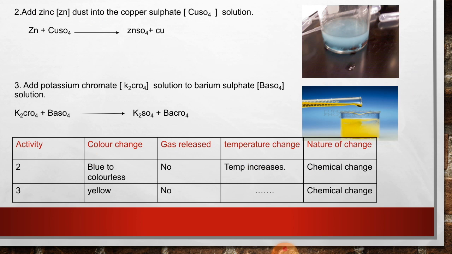When we add K2CrO4 into BaSO4, we get potassium sulfate and barium chromate. Here we get a yellow precipitate, no gas is released, and the temperature remains the same. The nature of change is a chemical change.